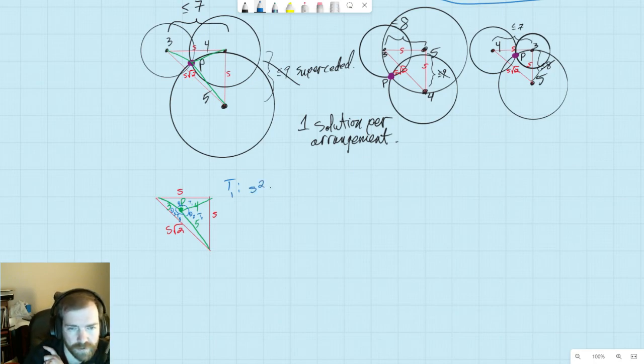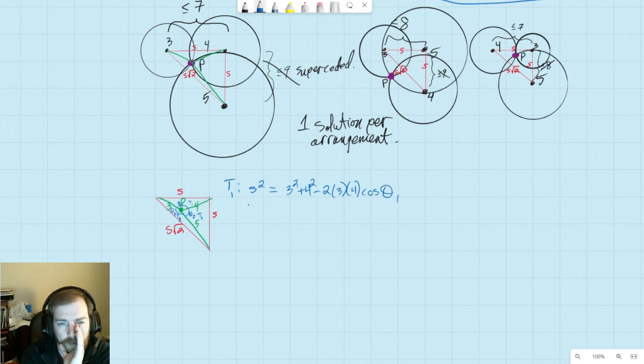S squared is going to be equal to 3 squared plus 4 squared minus 2 times 3 times 4 cosine theta 1. S squared from T2 is going to be equal to 4 squared plus 5 squared minus 2 times 4 times 5 cosine theta 2.